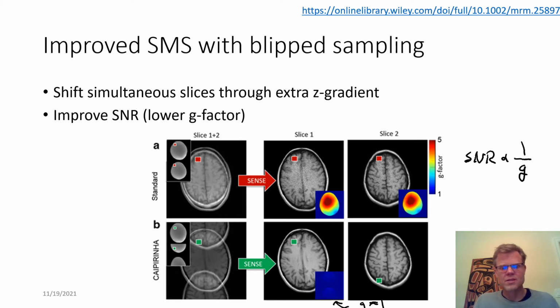But now when we add this CAIPIRINHA shift, shifting the field of view of one of the slices by 2, then the reconstruction problem, which is also a SENSE reconstruction to do the multiband reconstruction, has a G factor map that is basically 1, meaning we're not adding any parallel imaging or G factor penalty by doing the multiband excitation with this blip sampling.